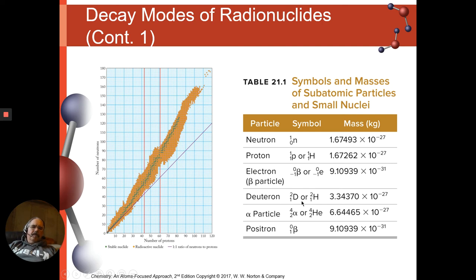Deuterons are particles in which a neutron and a proton are fused together. The alpha particle is actually a helium nucleus. It has two protons and two neutrons. And then there's the positron, which has the same mass as an electron, but it has a positive charge instead of a negative charge.